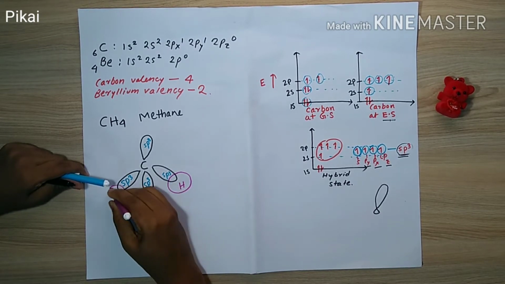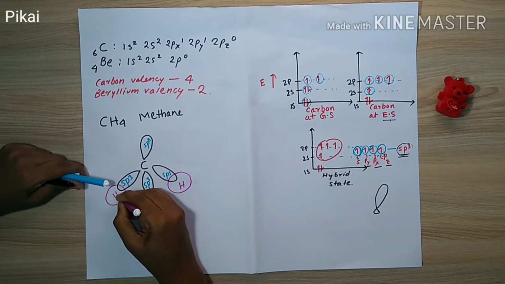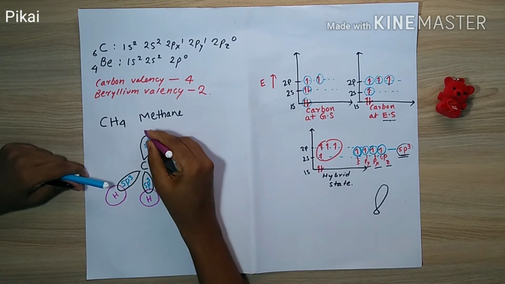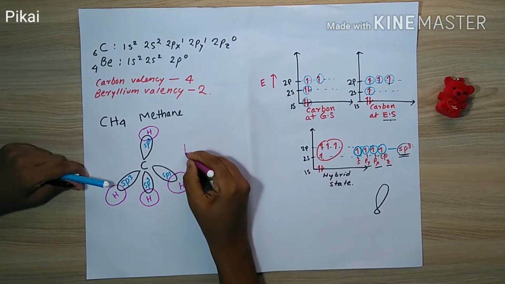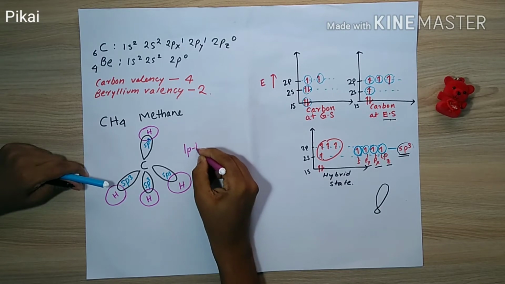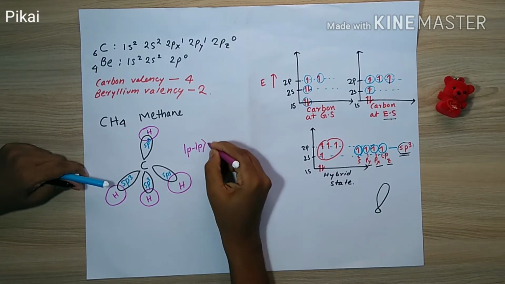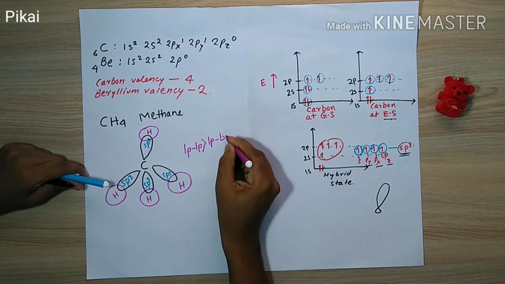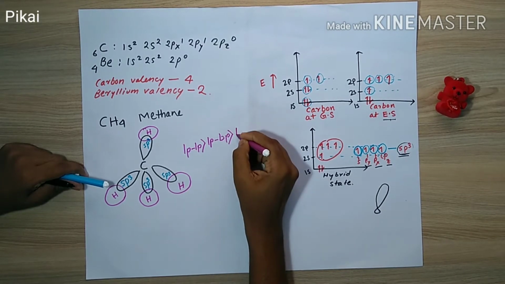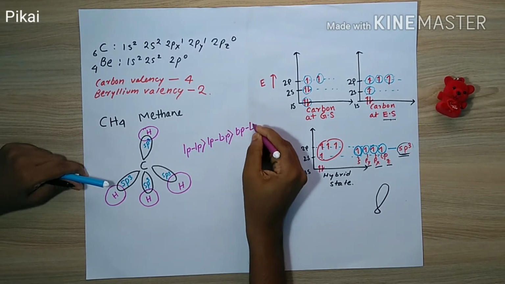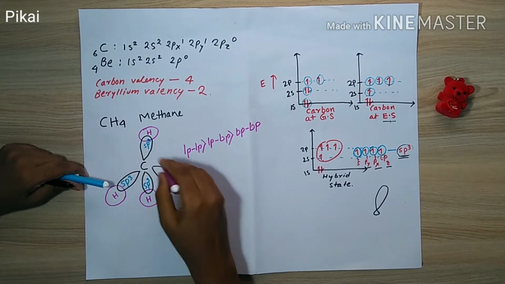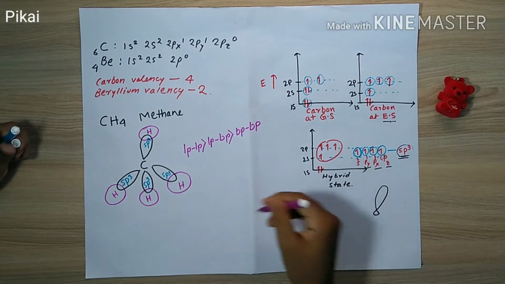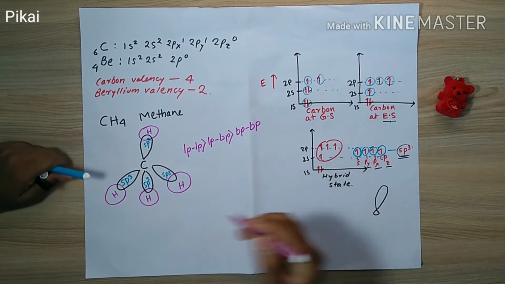So these sp3 hybridized orbitals form an overlap. This is a head-on overlap, that is an axial overlap, with the 1s1 unpaired electron of the s orbital of hydrogen, and this arrangement of methane is due to lone pair and bond pair repulsion, where the lone pair has the highest repulsive strength, followed as given.